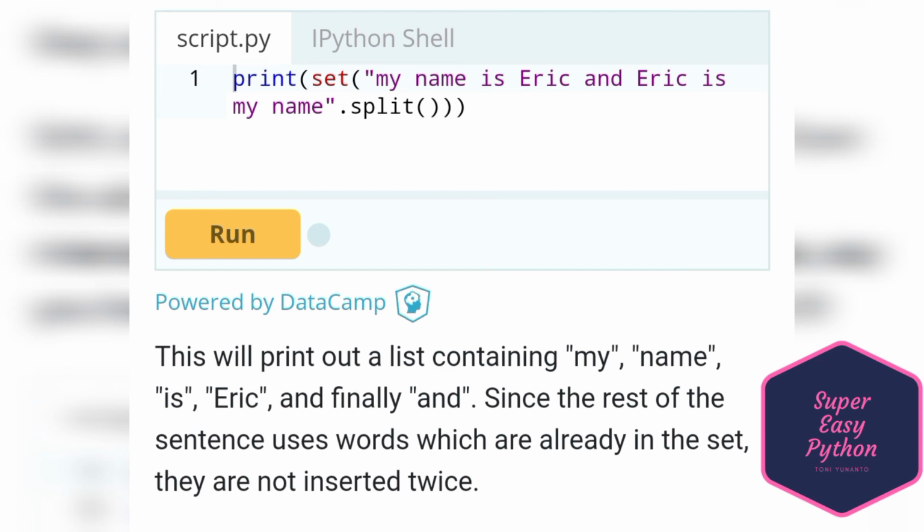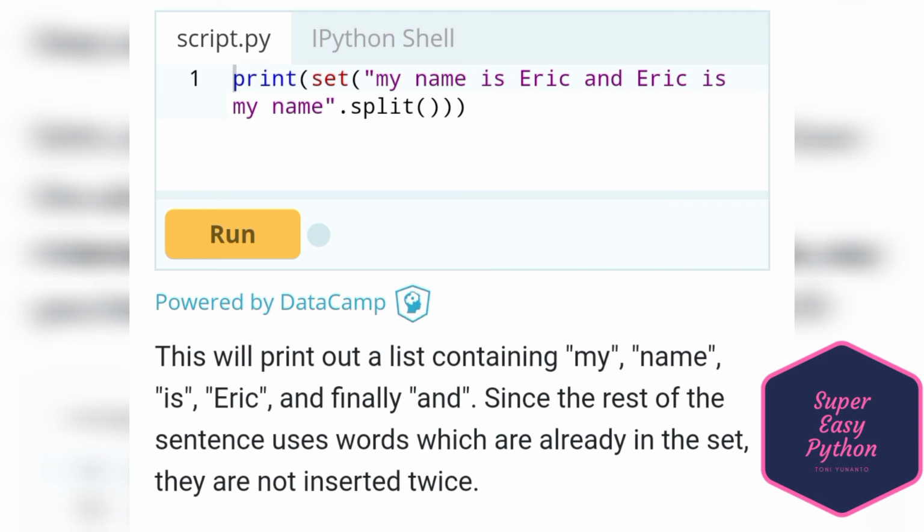So the result will be a set containing my, name, is, Eric, and finally and, since the rest of the sentence uses words which are already in the set. They are not inserted twice or more.